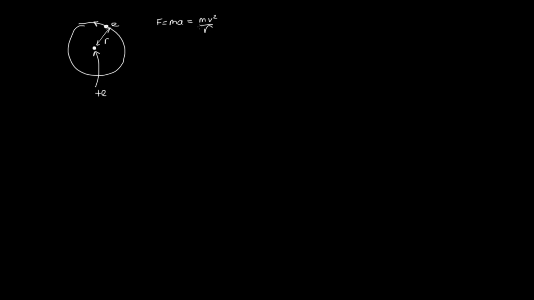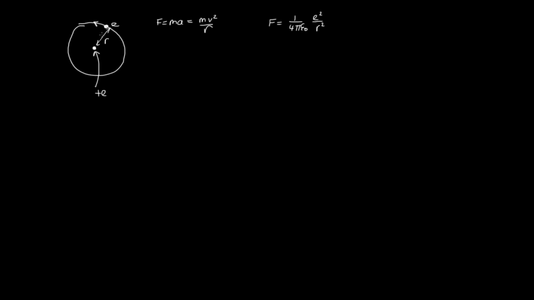Now, the thing which is causing this force is the electrostatic attraction between the nucleus and the electron. From electromagnetism, we know that Coulomb's law holds, and that force is given by 1 over 4 pi epsilon naught, Q1 Q2 over r squared, which in this case, both of these charges have magnitude e, so this is e squared over r squared. And in this case, it's an attractive force.